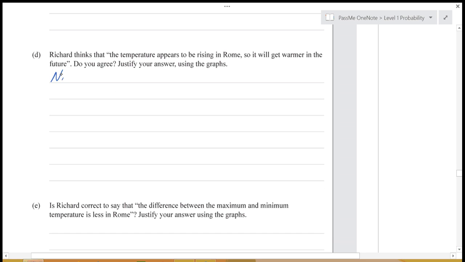So we'll say no, something along the lines of: not seeing any rise or trend in temperature, so no rise in overall trend of Rome's temperature, and also no downward trend either.